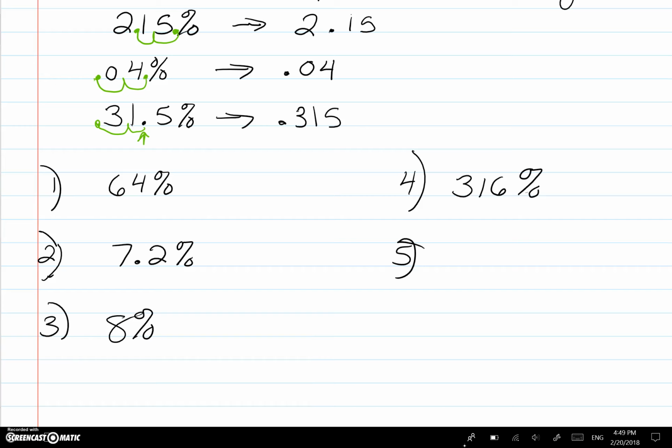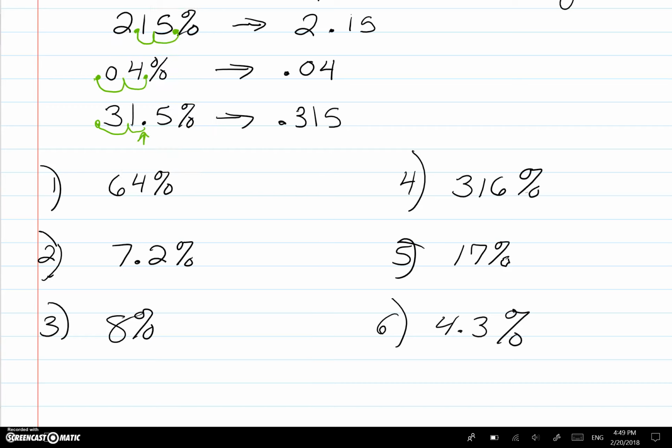Number 5, we'll make 17%. And number 6, we're going to make 4.3%. So if you can pause the video so the students can try and solve this, that would be great.